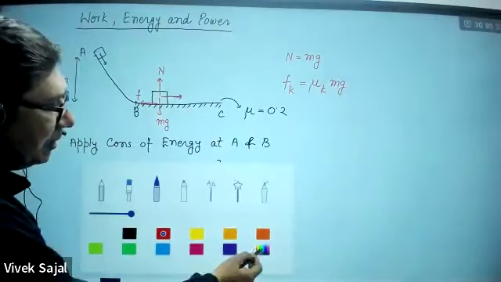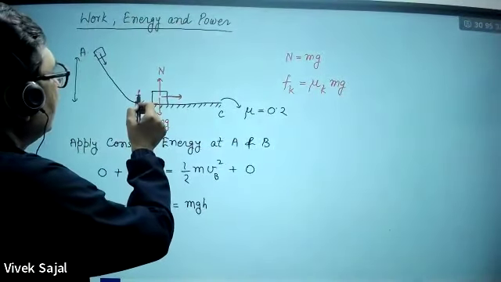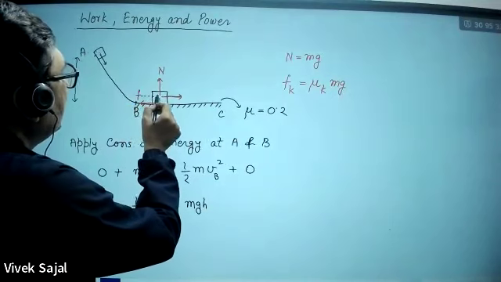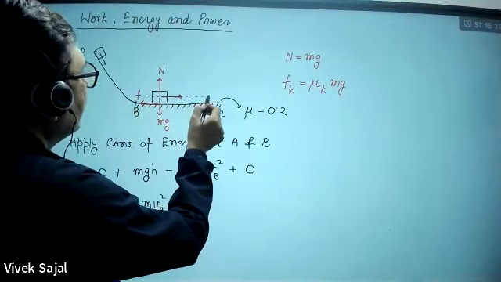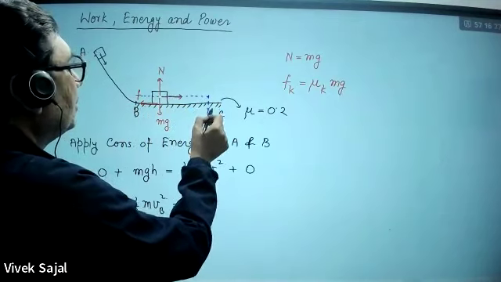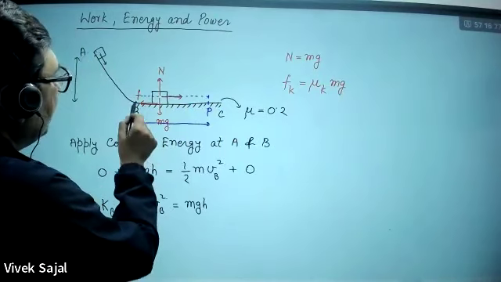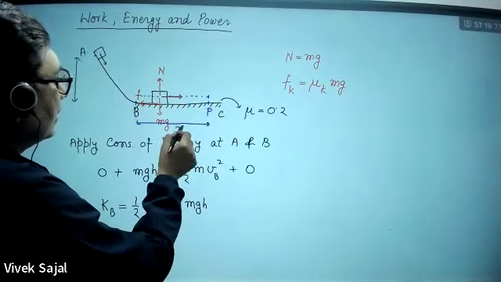Suppose this block starts its journey from here, and then travels a distance. Suppose it moves up to this point P. I'm assuming the displacement of the block with respect to B is x.